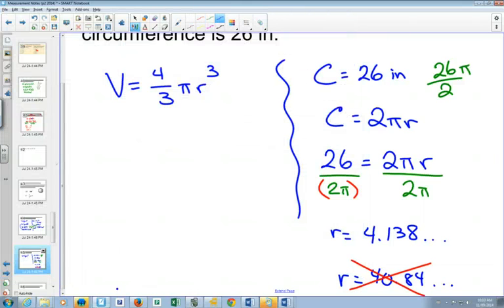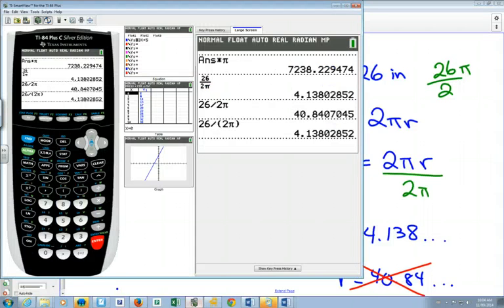The radius is 4.138. And now we can go to our volume question. So here on the fraction, do we have more than one thing on the top or on the bottom? No. So here it's going to be okay if I do 4 divided by 3 times pi times, and then the radius needs to be cubed.